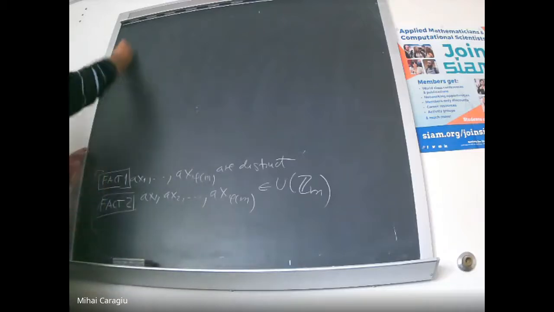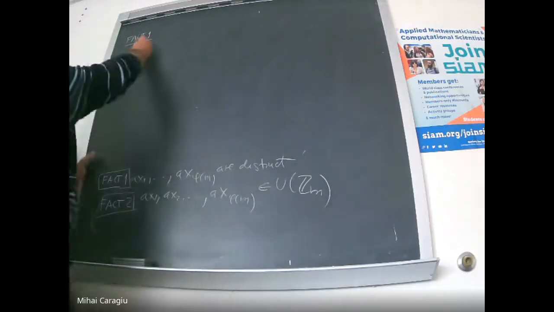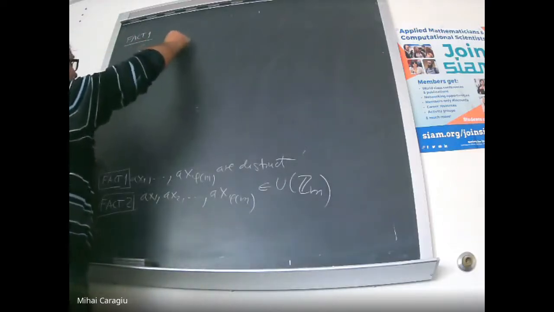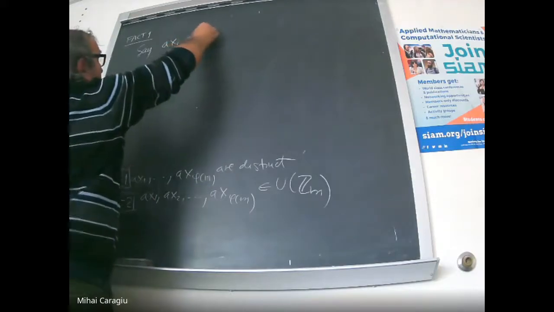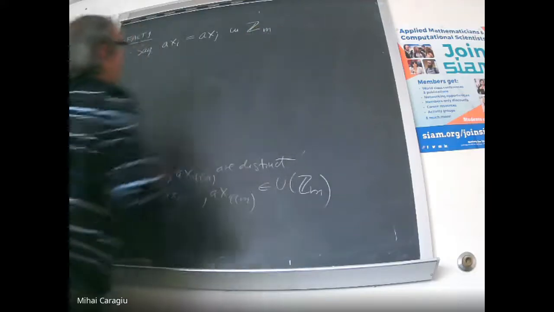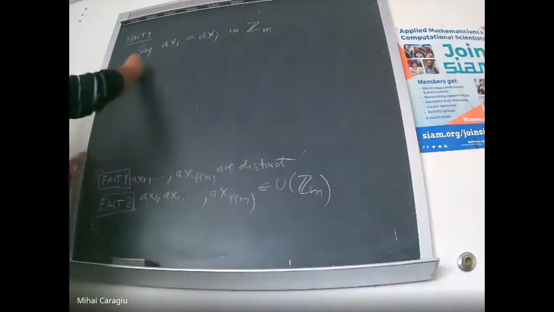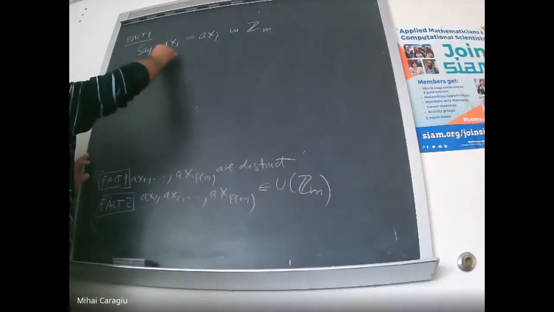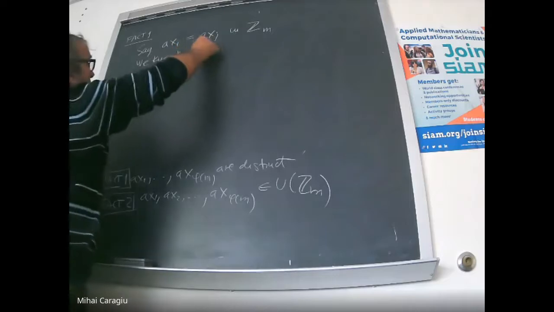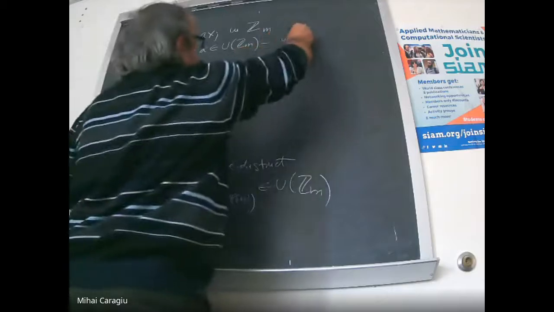So let's prove fact 1. How to prove that Ax1 through Ax phi of m are distinct? Let's assume by contradiction, say Axi equals Axj in Zn. Now we know that A belongs to U of Zn, that means invertible.